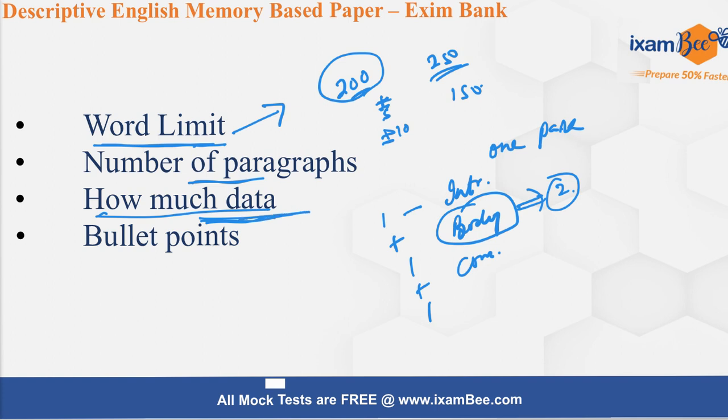So not very much, but wherever the data supports your argument, that is good to go, right? And whether your essay or data should be in bullet points: no, it should not be, because then you will not be able to show your writing skills. Okay, I hope it is clear now.